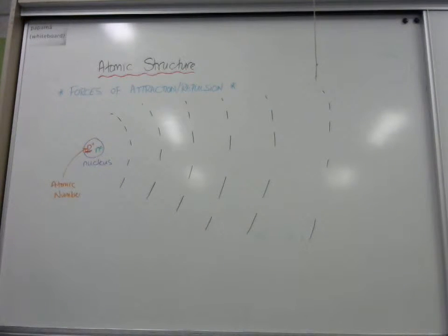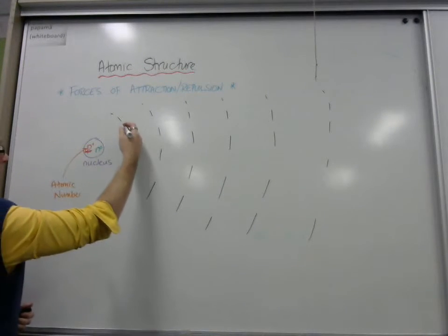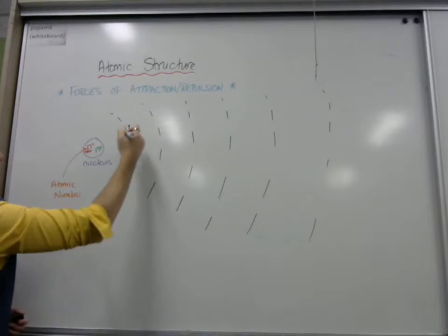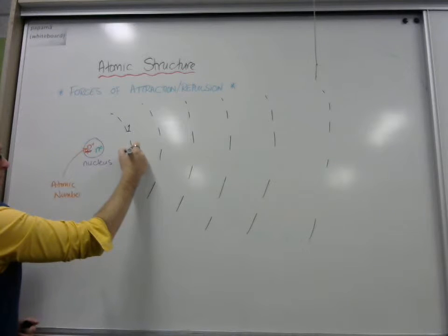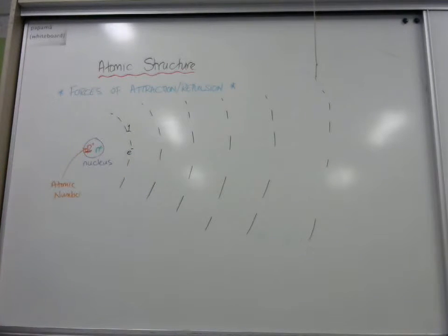Where do we start filling up these energy levels or shells? The energy level closest to the nucleus. Cool. So we fill this one up first, which is the first energy level, or n equals 1.